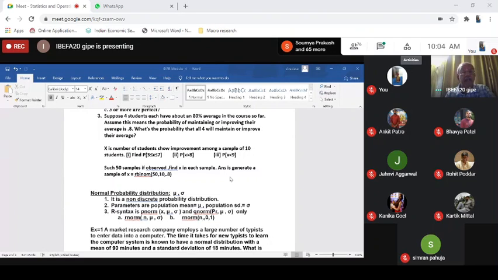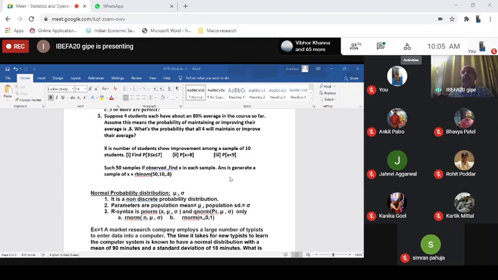Assume that the probability of maintaining or improving the average is this number, 0.8. What is the probability that all 4 will maintain or improve their average?